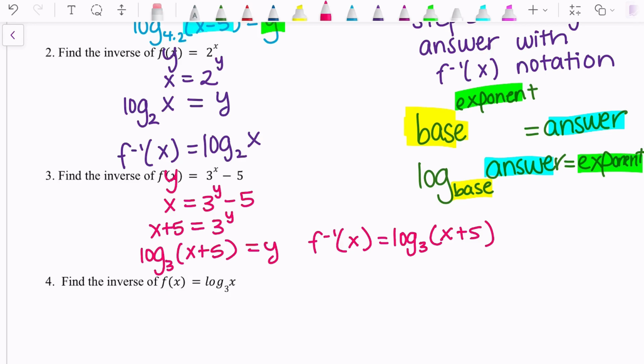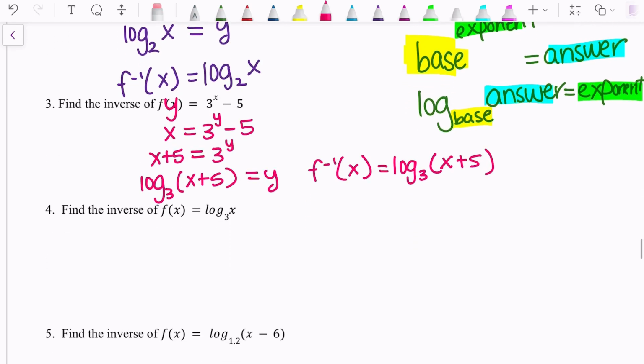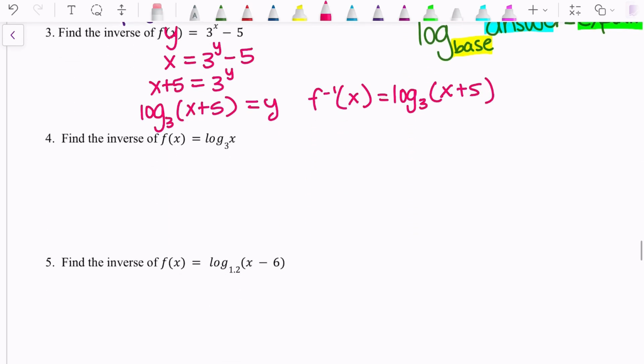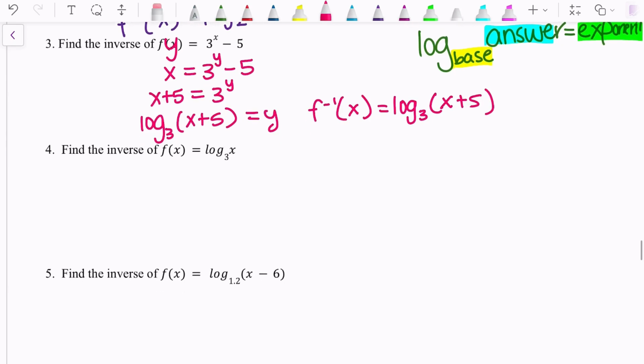All right, now number 4 is a log example. And we want to find the inverse of that. And so I know that this is really y. So I'm going to start by switching: x is equal to log base 3 of y. When we did 1 through 3, we switched from exponential to logarithmic form. Now we're in logarithmic form, so we're going to need to switch to exponential, because exponential and logarithmic functions are inverses of each other.